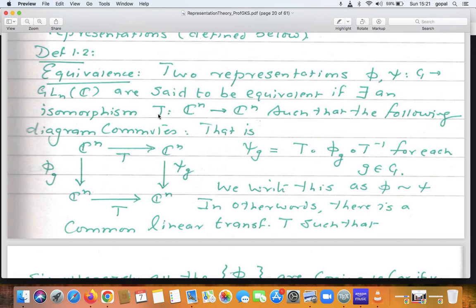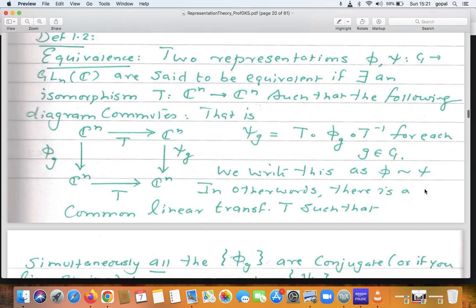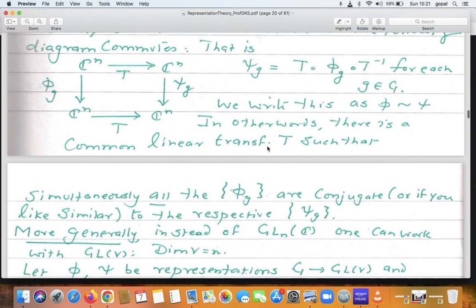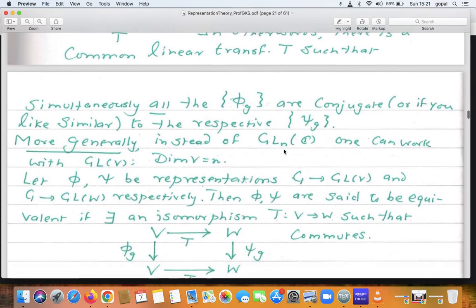They are said to be equivalent if there is an isomorphism T of the vector space Cn to Cn such that all the matrices phi(g) and the corresponding matrices psi(g) are simultaneously conjugated by this T. There is a single T which conjugates each phi(g) to psi(g). And then we write this as phi is equivalent to psi. There's a common linear transformation T which conjugates all of them.